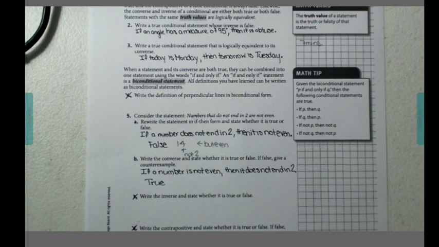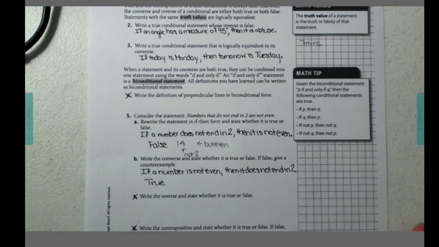The inverse of that would be, if an angle does not have a measure of 95 degrees, then it is not obtuse. Well, I can have obtuse angles that are not 95 degrees. You could have one that's 100 degrees, 115. All of those are still obtuse angles, but they don't measure 95.